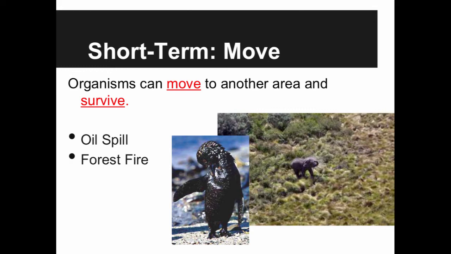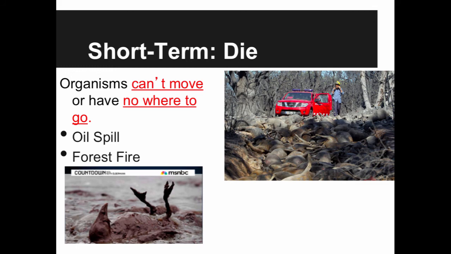However, if they cannot move and get out of the situation, then they are going to die. And we're going to put this one on the very bottom tab. Organisms cannot move, have nowhere to go. So an example in this very sad picture was a huge population of deer. This was during a forest fire.